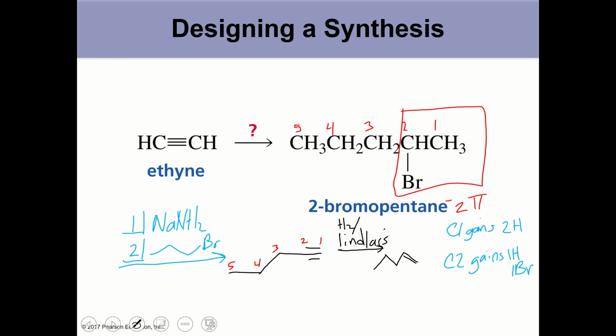And then I could treat the 5-carbon alkene with HBr to get the 2-bromopentane.